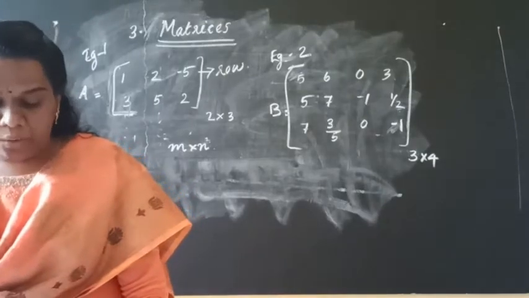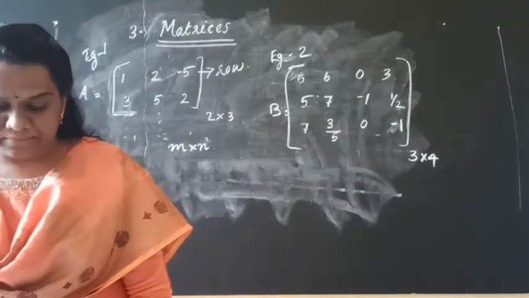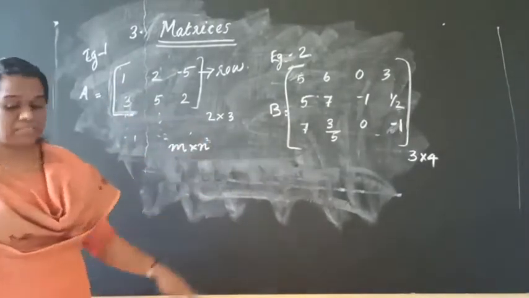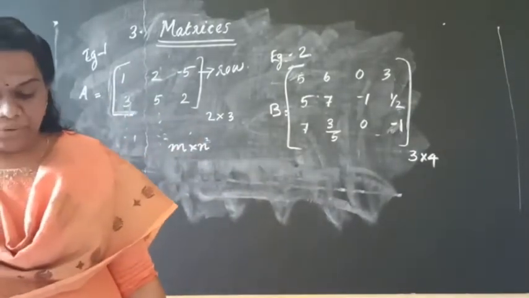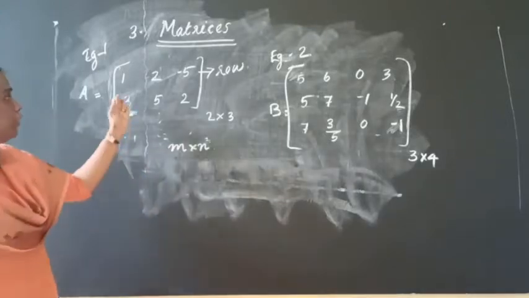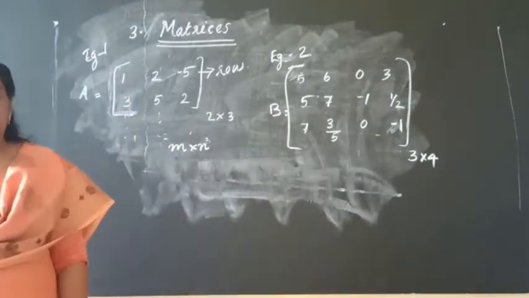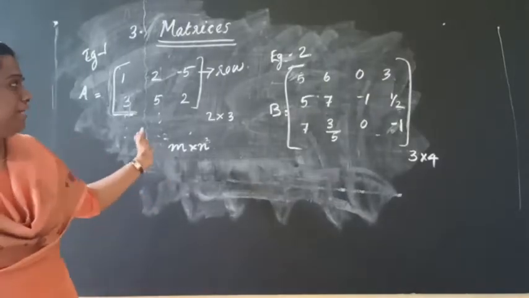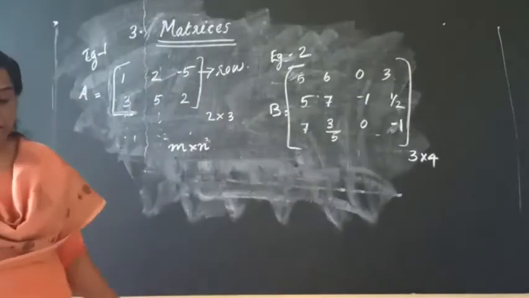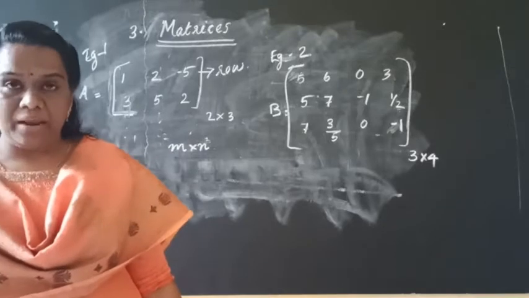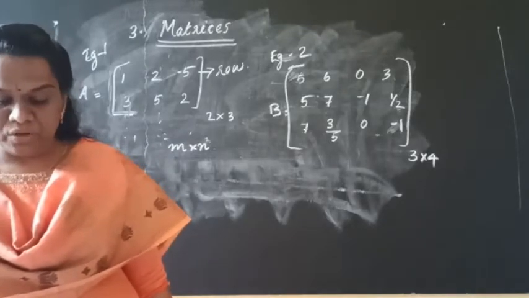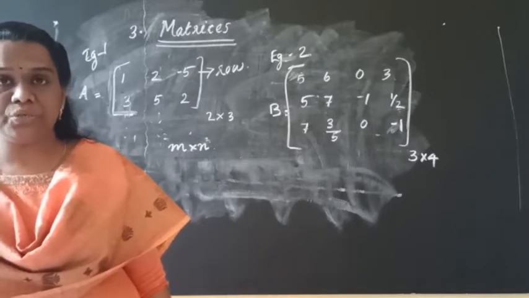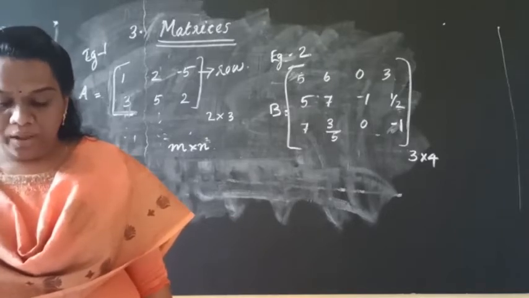Then the horizontal lines of elements are said to constitute rows of the matrix, and the vertical lines are said to constitute columns of a matrix.